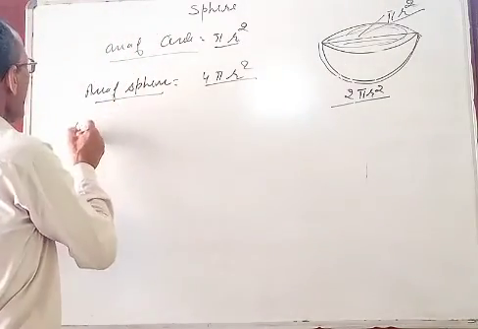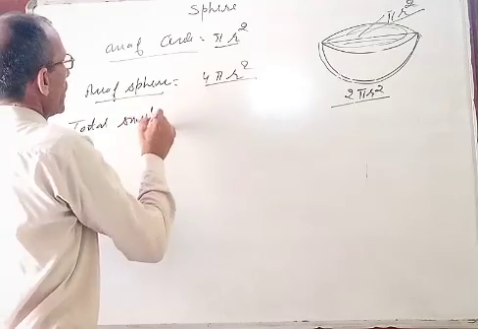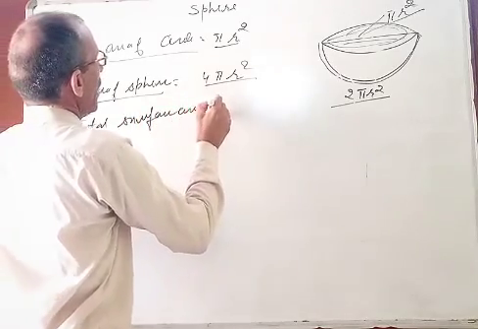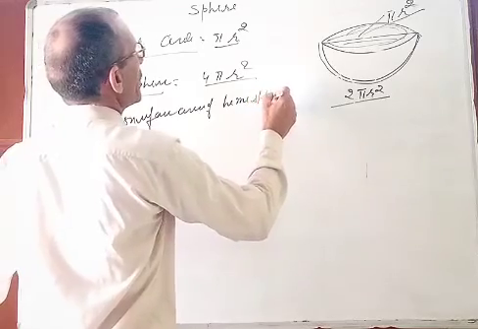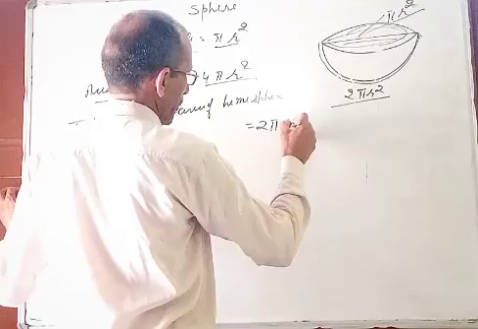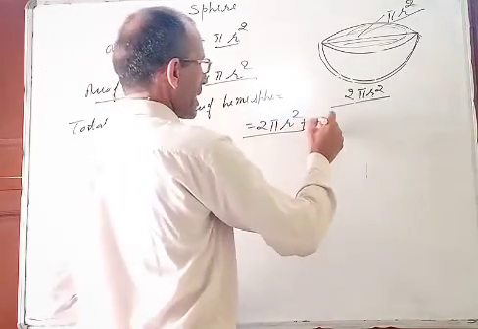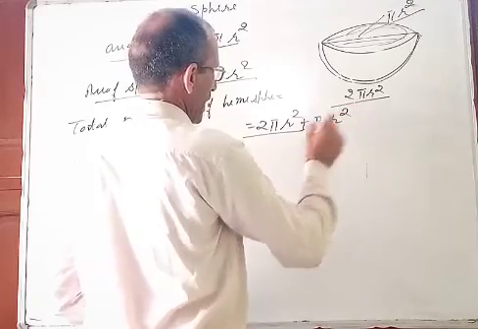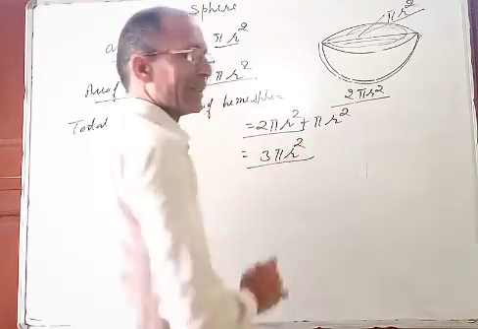The total surface area of a hemisphere: this is half sphere, which is 2 pi r square, and this is the circular portion, which is pi r square. So the total becomes 3 pi r square.